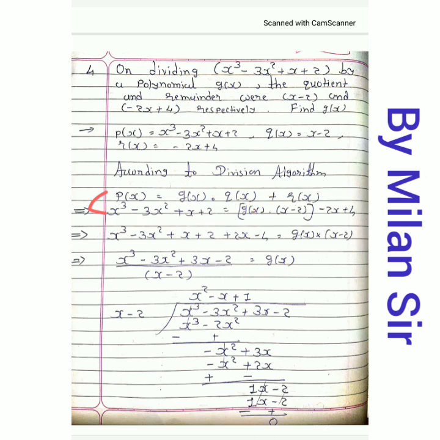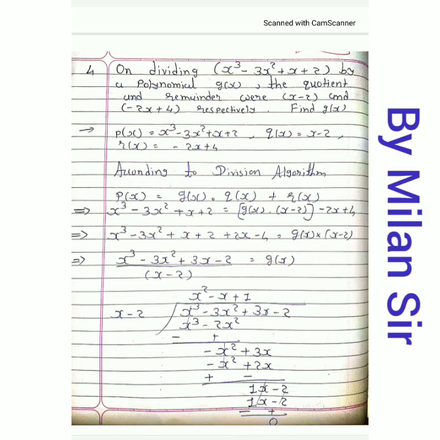Then one by one transfer all the things to the left hand side because we are finding out g of x, right? So first of all transfer these two things to the left hand side. Okay, so our left hand side x cube minus 3x square plus x plus 2 as it is, then minus 2x comes to the left side, then it becomes plus 2x and plus 4 becomes minus 4.